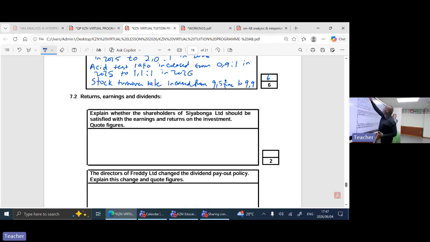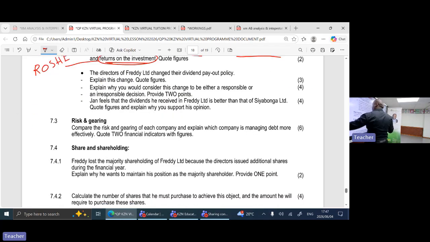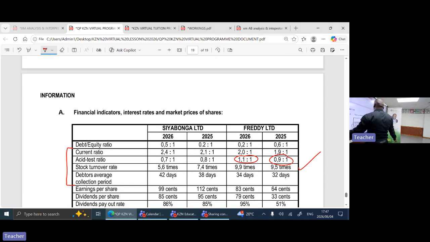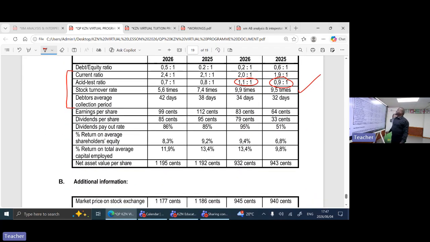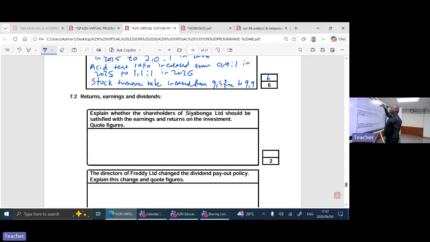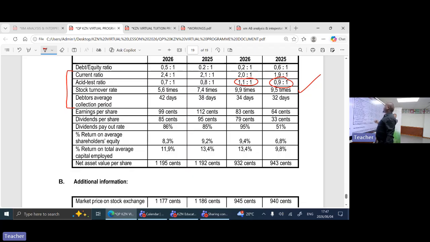Again, I look at my information, earnings per share. So earnings per share, did it increase or decrease? Here we are talking about Siyabonga. To explain whether shareholders of Siyabonga should be satisfied with earnings and returns on investments, we quote figures. So earnings per share decreased from 112 cents to 99 cents. This indicates a decrease in profit.